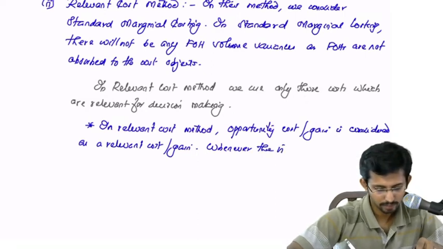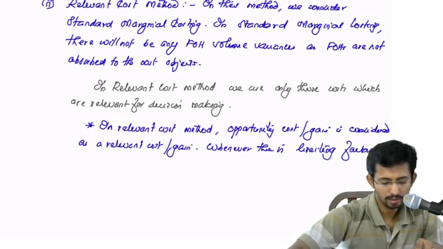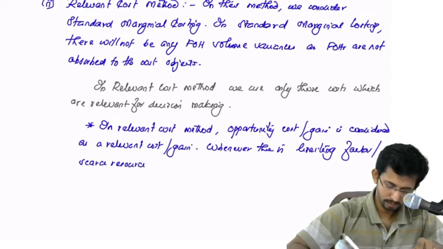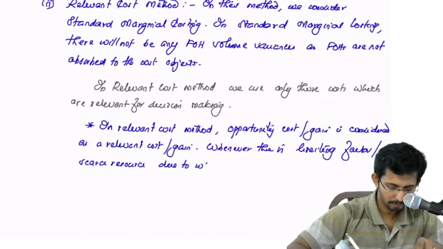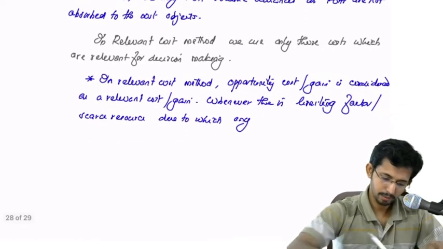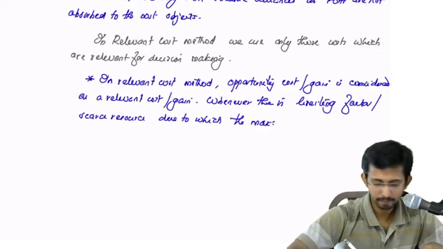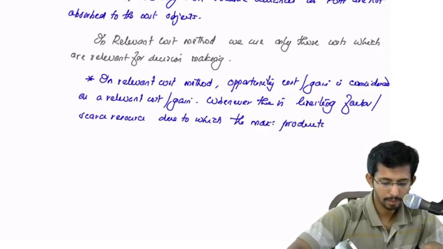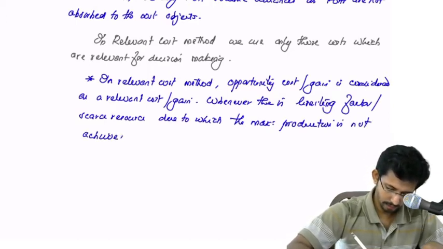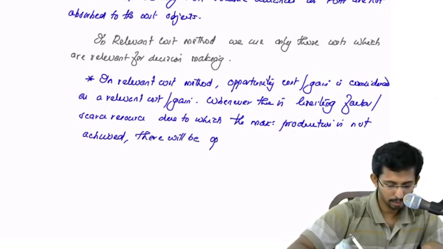Whenever there is a limiting factor or scarce resource due to which the maximum production is not achieved, there will be opportunity cost.